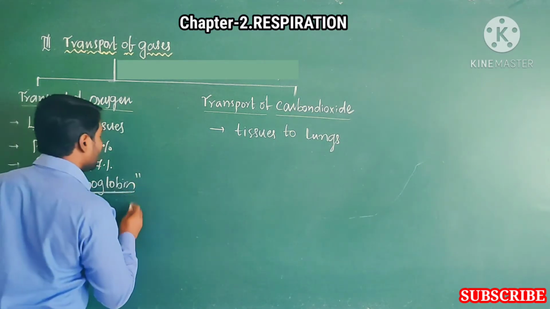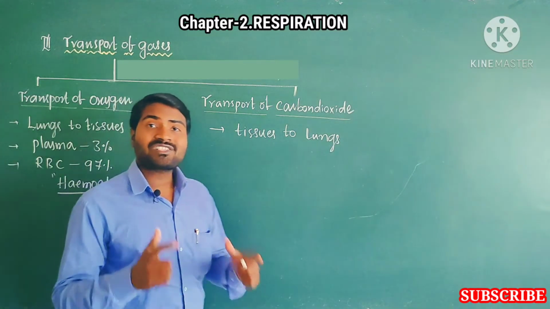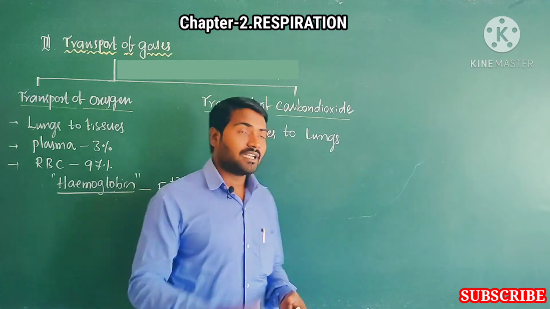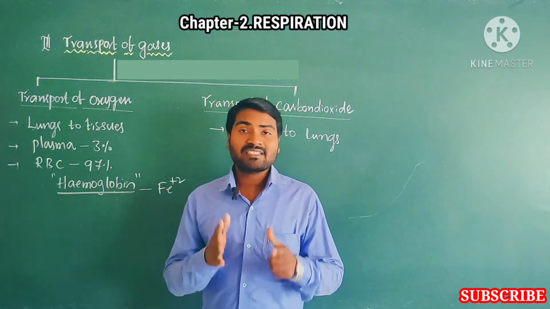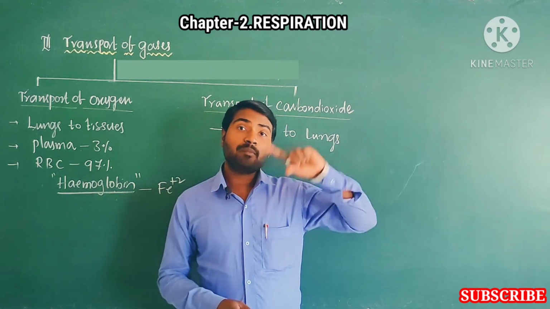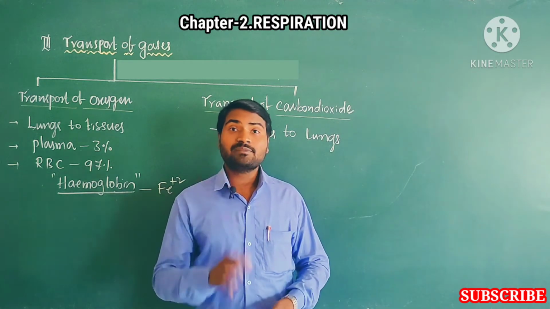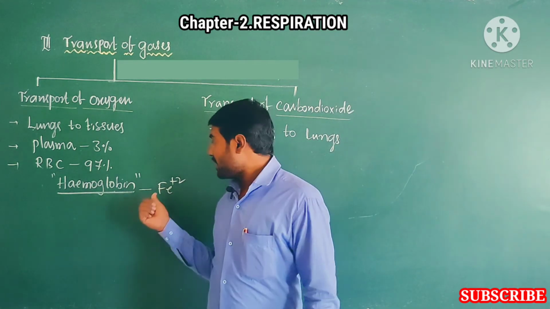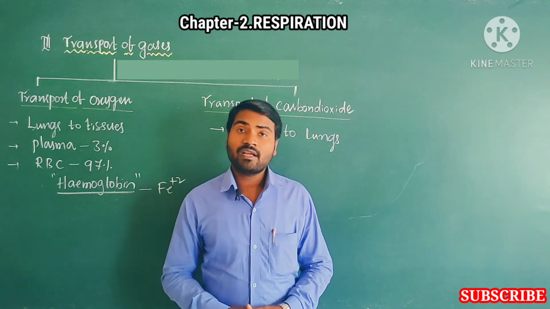In the hemoglobin structure, a special atom is present, that is the iron atom. We have to remember that in chlorophyll, magnesium is present as a central atom, whereas in hemoglobin, iron is present. So this is very important for MCQs.